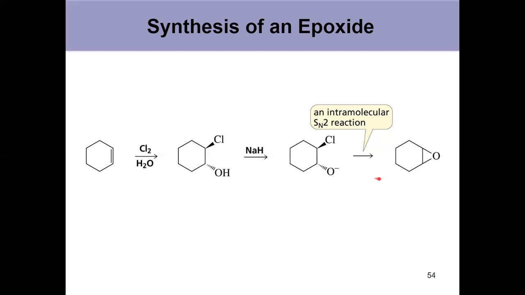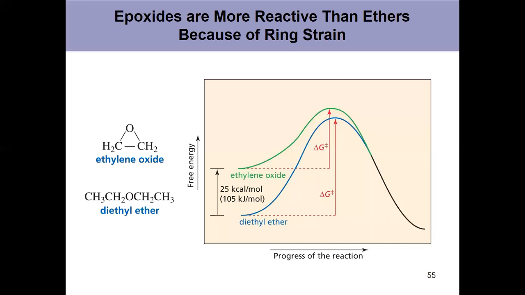Now, even though the leaving group is the same, if we're looking at epoxides, we still have an oxygen leaving group. Think about the leaving group as being similar to an ether. Epoxides are more reactive than ethers because of the steric strain that's contained within that 3-membered ring. Thus, you can actually take epoxides and directly submit them to nucleophilic substitution reactions. But the conditions are important due to the reactivity.